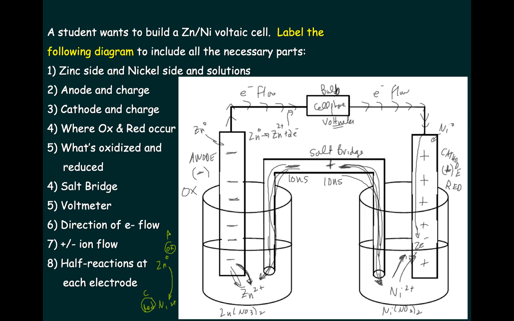Now at the cathode, we're going to get nickel 2 plus gaining 2 electrons and becoming nickel 0. That will be our half reactions: your half reaction of oxidation, your half reaction of reduction. Zinc is oxidized, nickel 2 plus is reduced. Remember, it's the ions in solution that are reduced, and there, folks, is a zinc nickel voltaic cell.